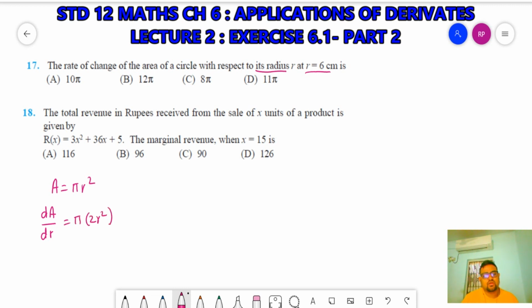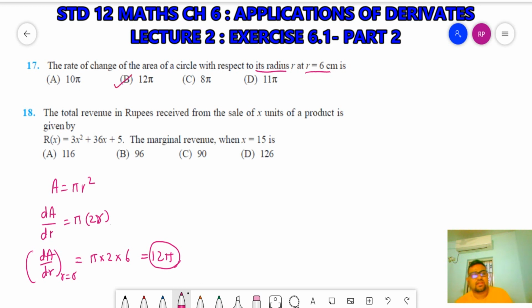My mistake, the derivative of r square is 2r. So dA by dr when r is equal to 6 is pi into 2 into 6, which is equal to 12 pi. So B is the correct answer.